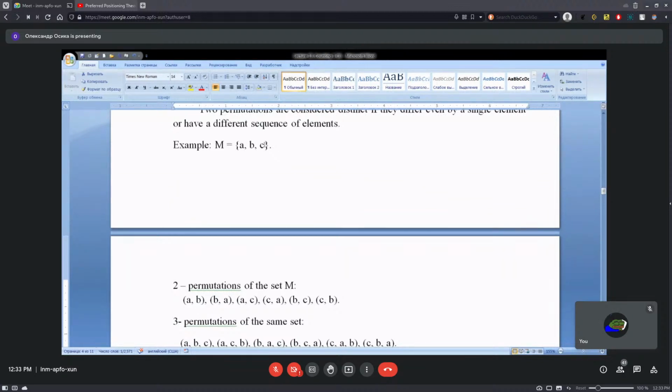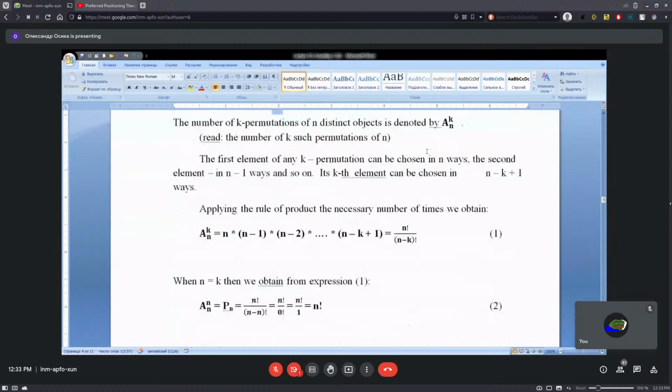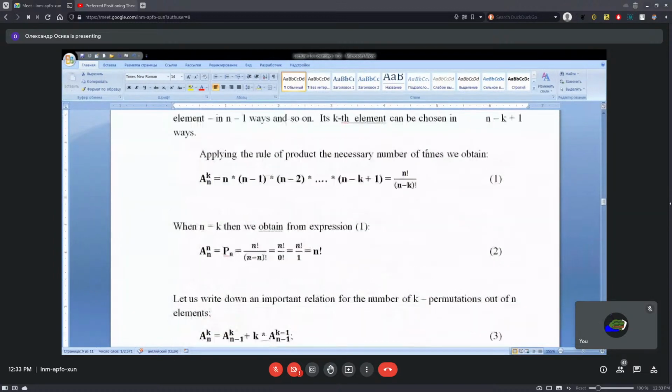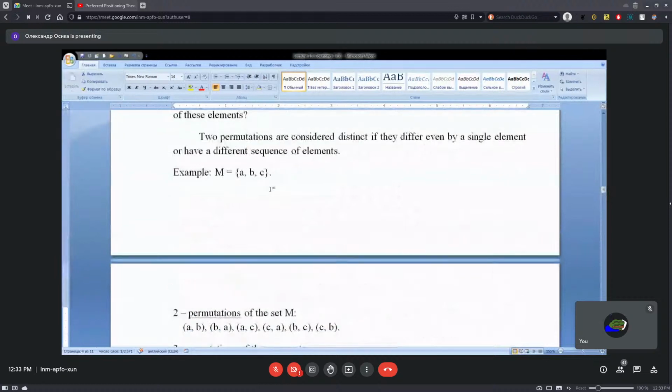M is A, B, C. Now let us consider all the elements without A, the 3 permutations without A.